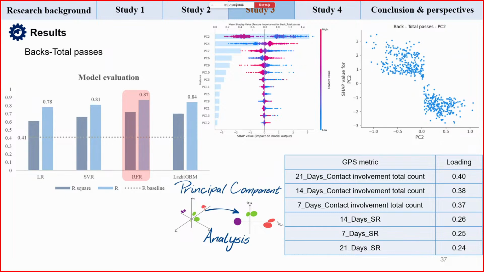This means that during training, players should decrease the total contact involvement count and sprint running. When we performed the correlation between the principal components and KPI, the highest value was 0.45, which was also lower than the machine learning.